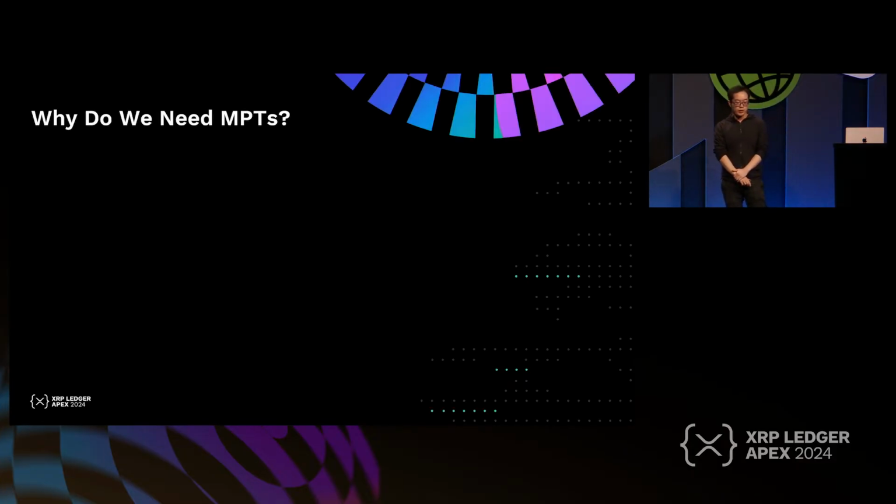So why do we need MPTs? A question that many of you would ask is why we need another token standard. The short answer is to allow the tokenization of real-world assets. So how exactly is MPT different from IOUs today? On a technical level, MPTs provide a fundamentally different way of representing fungible tokens on the ledger.